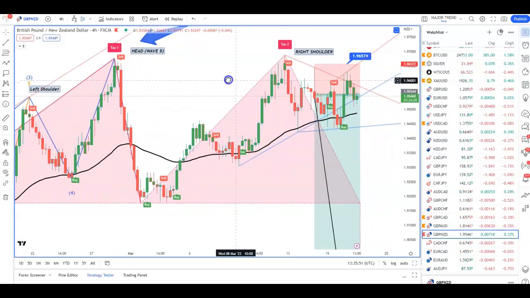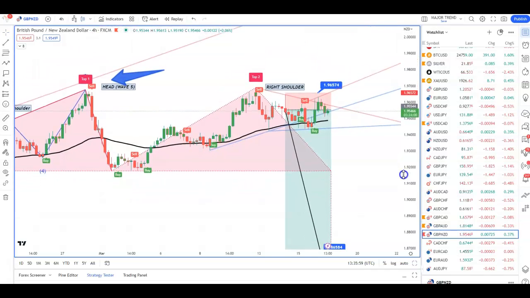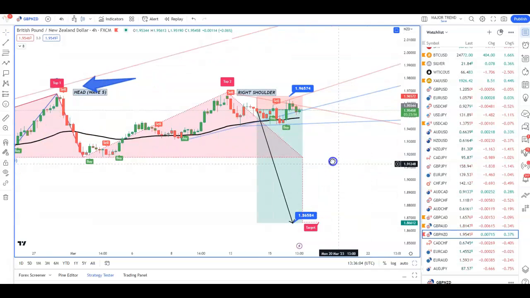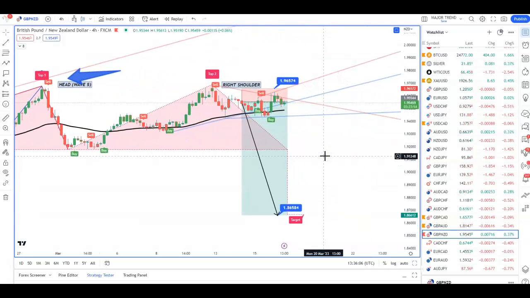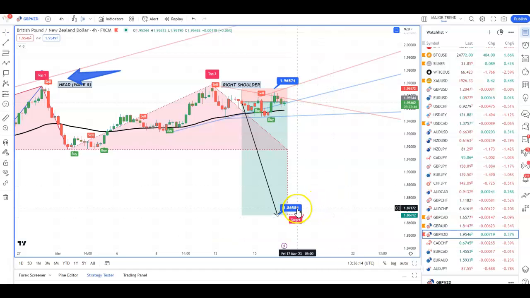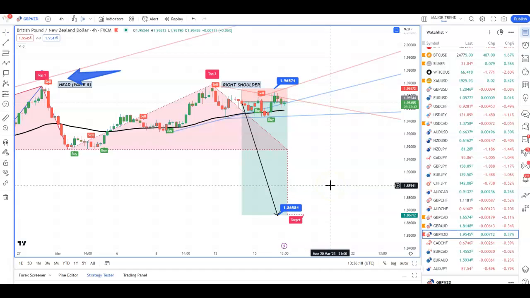So this is getting ready for a big move. So we have to be extra patient. Even when we start making money, we're making a little bit, but it's tiny. Our target is a complete collapse of sterling, or it could be the Kiwi going up, who knows. But the target is 186.58. We may adjust that, but that's some 893 pips.